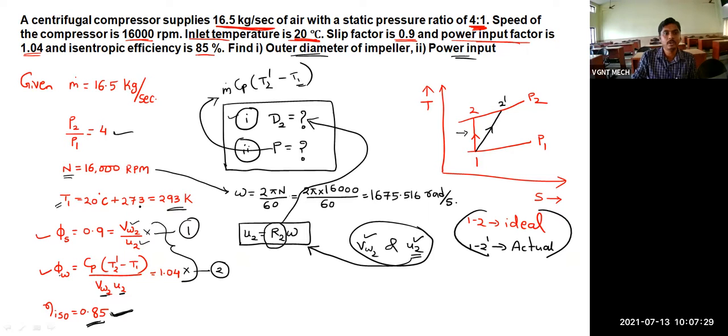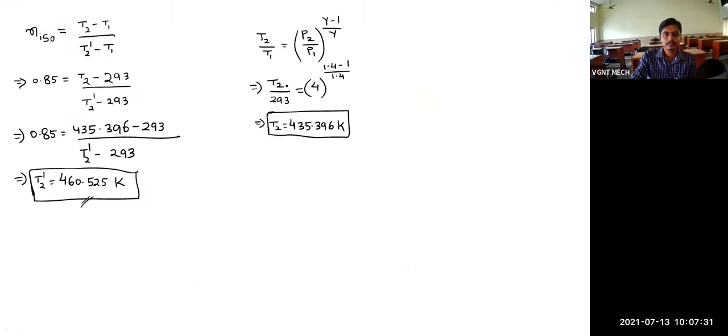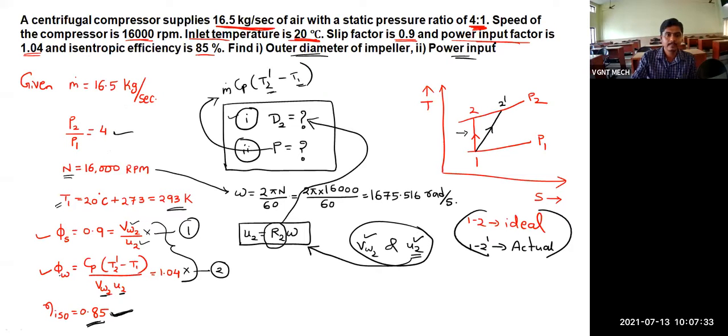T1 value already we have, T2 dash just now we have calculated, Cp is 1.005 and mass flow rate is given as 16.5 kg per second. If we solve this, we can get the power input to the compressor.